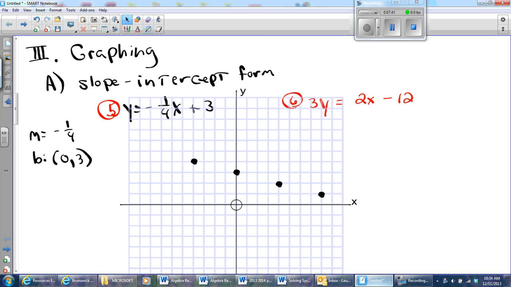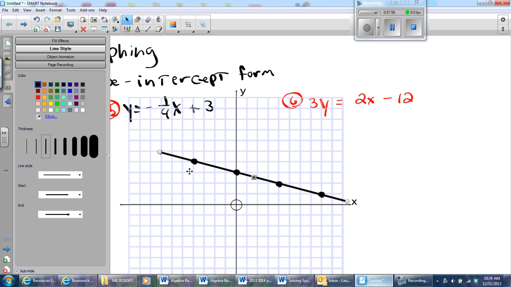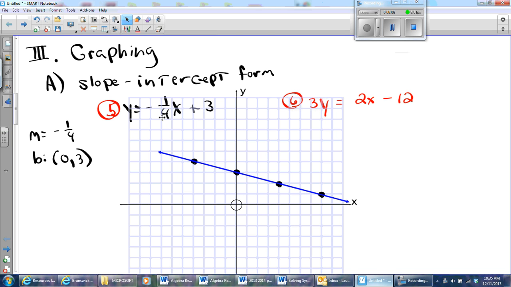All right, so let's go from there. And I'll make that look like a line. Properties, arrowhead, a little narrower, and I'll make it blue. Okay, there you go. That is the black equation.